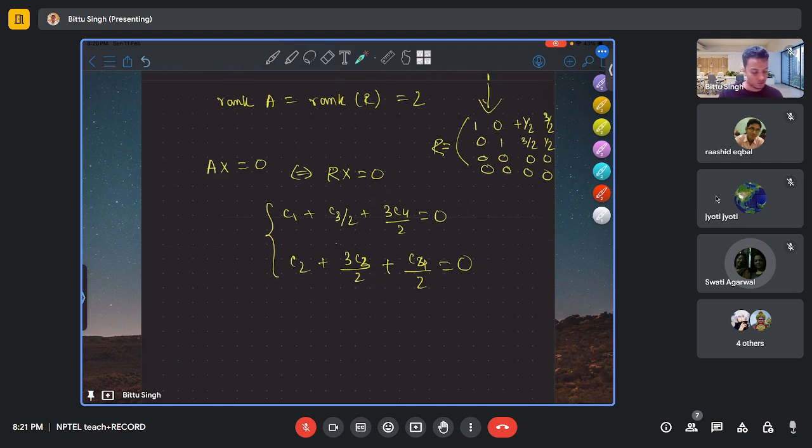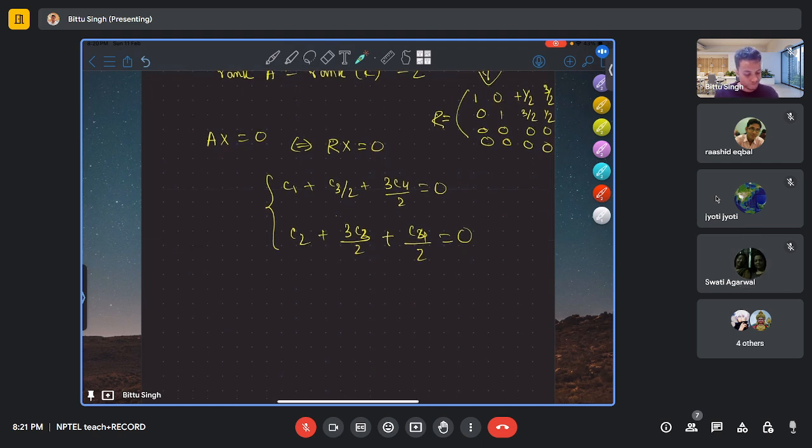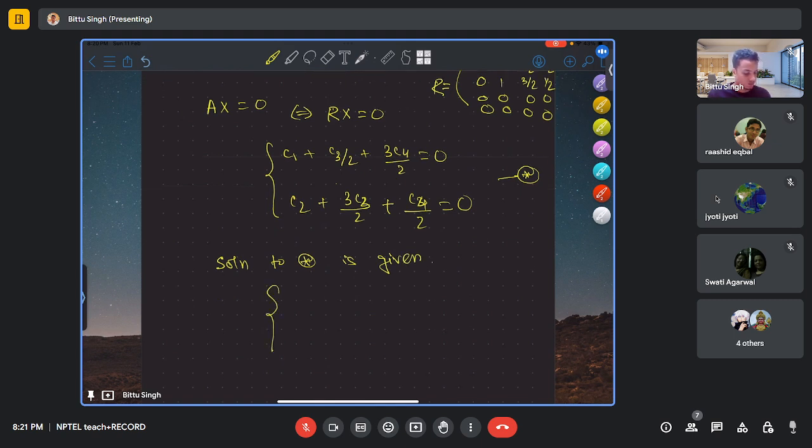Okay, great. So all the solutions can be written by solution to star is given by span of those elements.